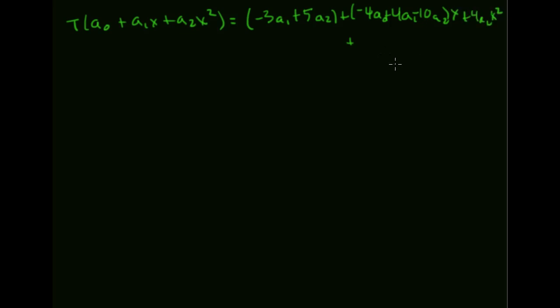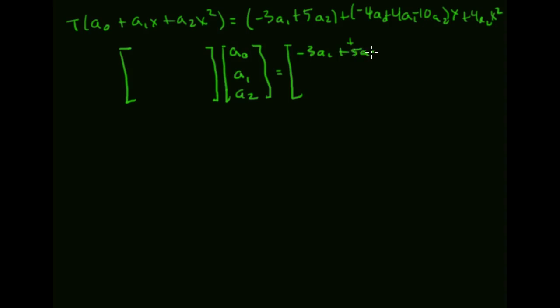4a2x squared. All right, so what you're trying to do here is find a matrix that works with the coefficients. So I'm going to multiply this matrix times a0, a1, a2, and what I want to get back is the coefficients here, negative 3a1 plus 5a2, negative 4a0 plus 4a1 minus 10a2, and then just 4a2, right?